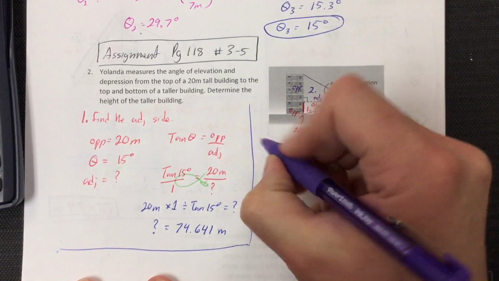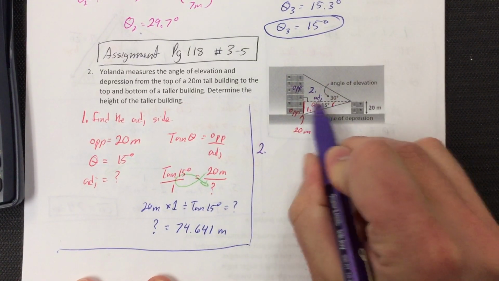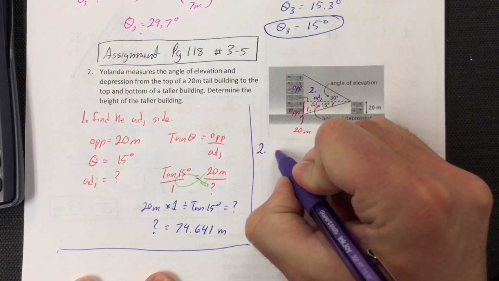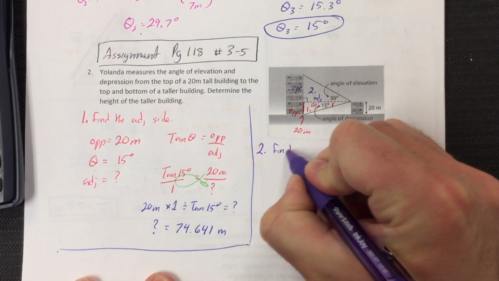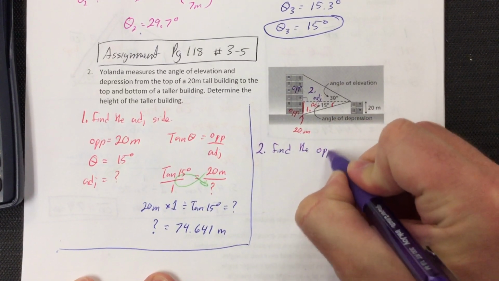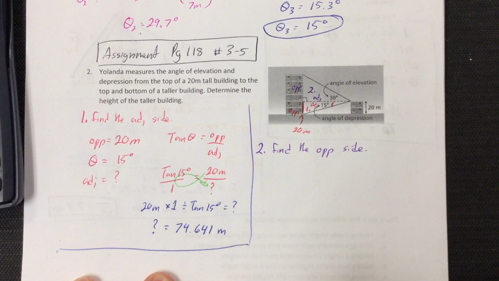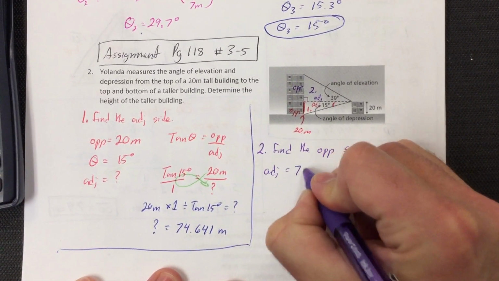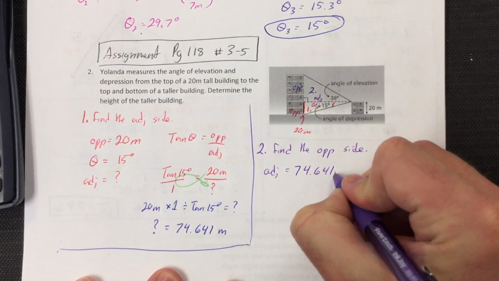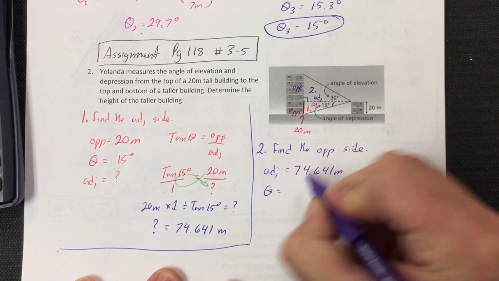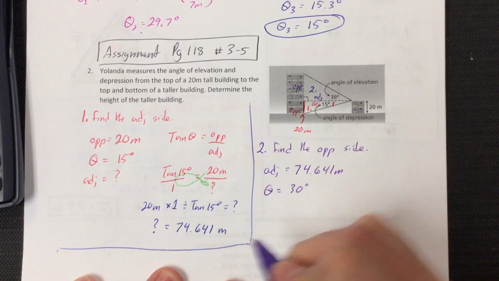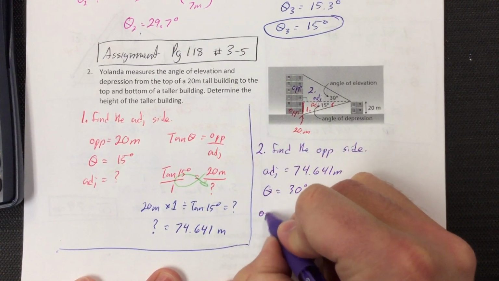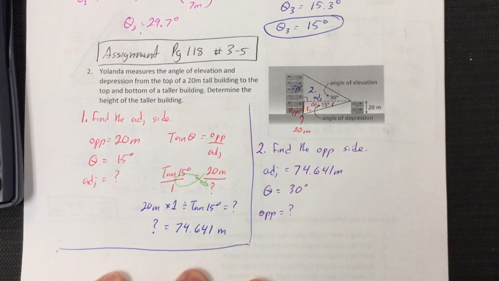For number 2 now, we know what our adjacent side is. So we're going to find the opposite side of triangle number 2. We know our adjacent based on what we had before, 74.641 meters. Our theta in this case here is 30 degrees, and we are looking for the opposite side.